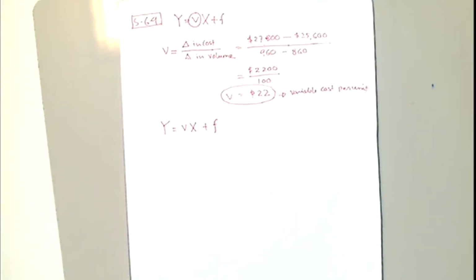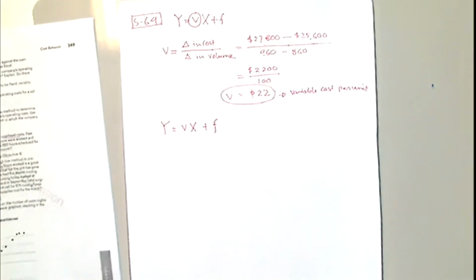Either pick your highest number of hours, which is $27,800 cost and 960 hours, or the lowest point, which is $25,600 and 860 working hours. It's up to you. You can pick any point.